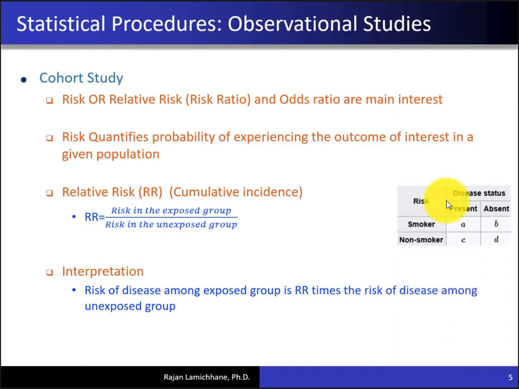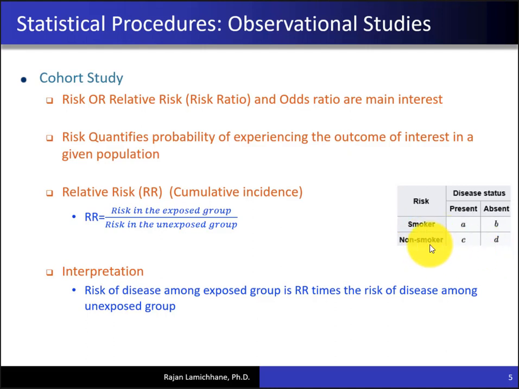Let's assume that your contingency table is presented this way, where you have smokers and non-smokers in rows, and disease status present or absent in the columns. Here A indicates the number of smokers who have the disease, and similarly B represents the number of smokers who didn't have the disease. And similarly you can also represent non-smokers.